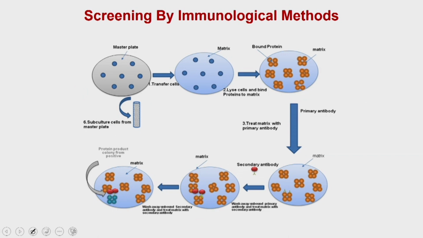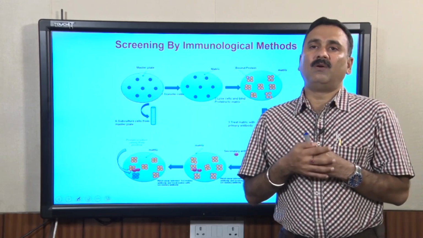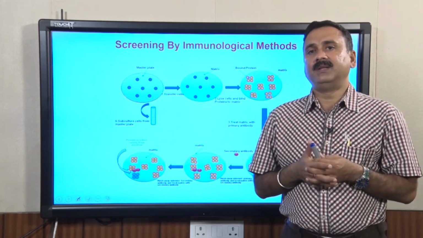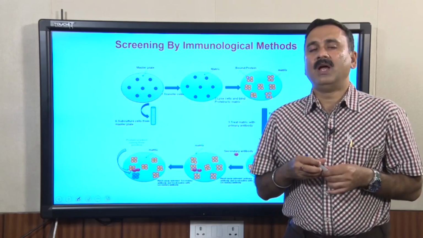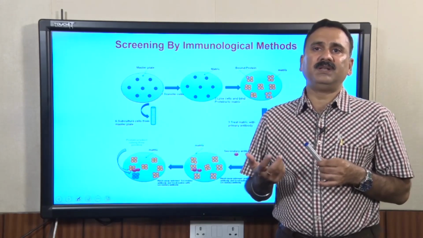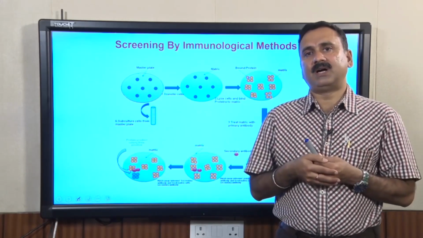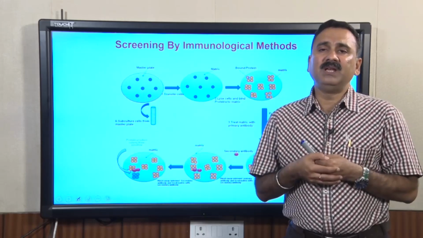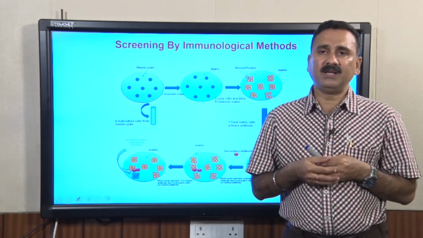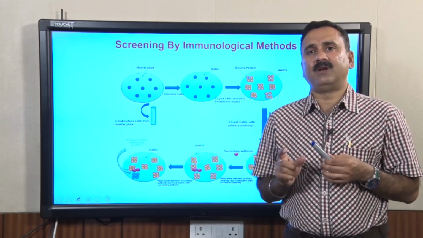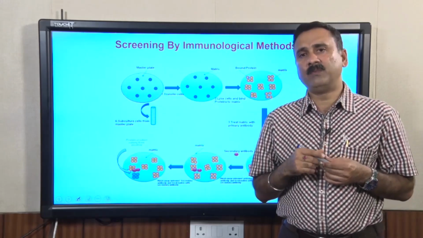Now, let us move on to the next method, which is called the screening by immunological methods. This is based on the fact that every protein we use has a stretch of amino acids which are immunogenic, which means these stretches of amino acids are going to produce antibodies, and this stretch of amino acids present on the protein is called the epitope.